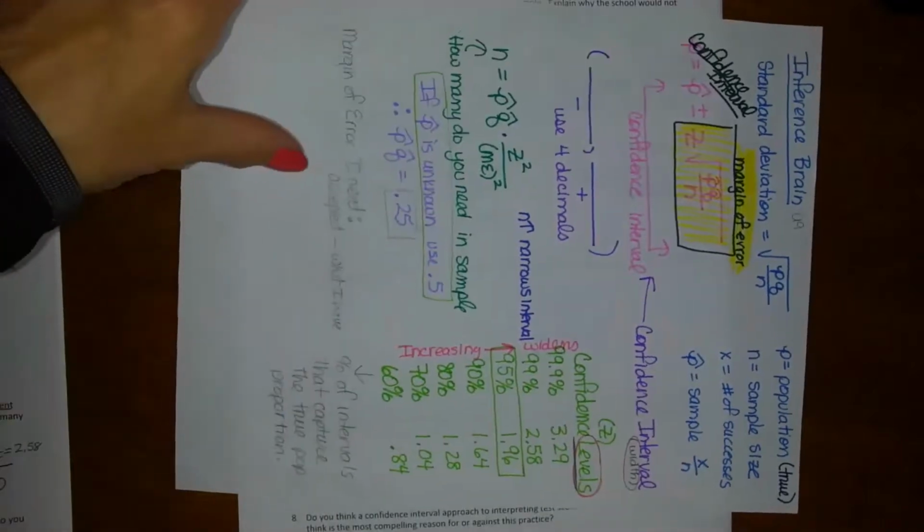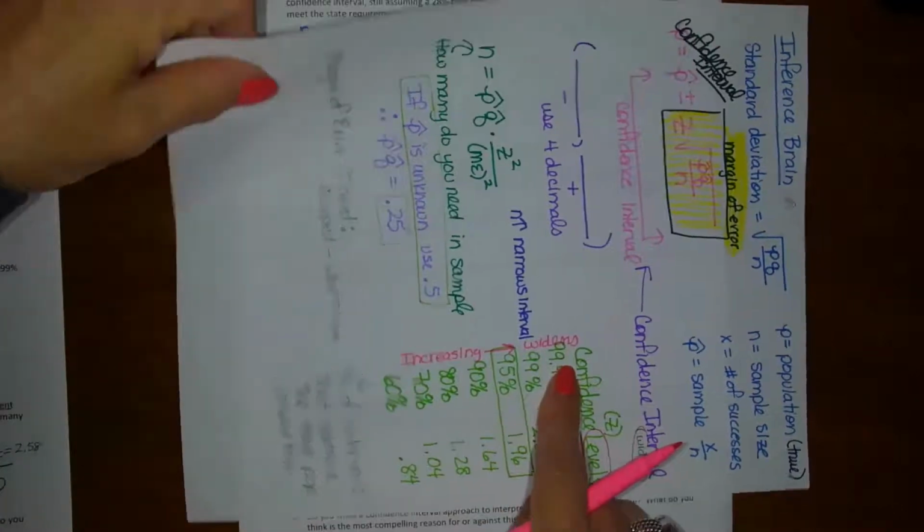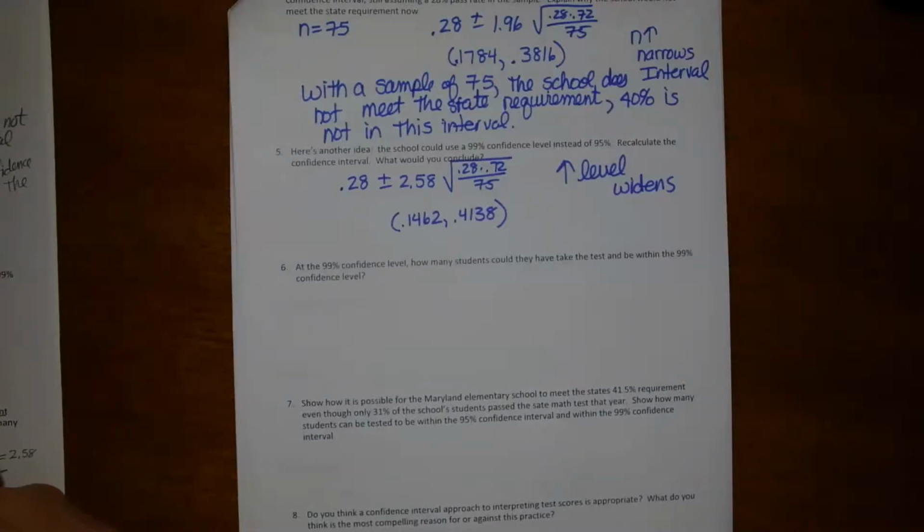I might want to keep that key concept in, that as I go up this ladder, it gives me a wider interval. What does a wider interval do? Gives me more wiggle room, right? Who wants more wiggle room? The administrators, the people in charge of this district, it's not going well. They want it wider.